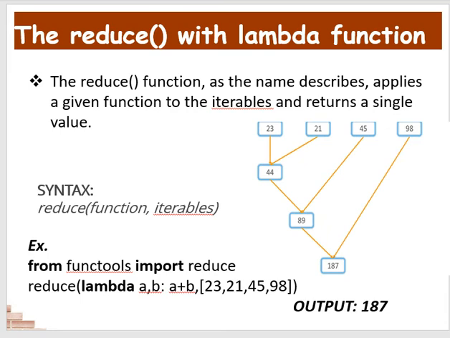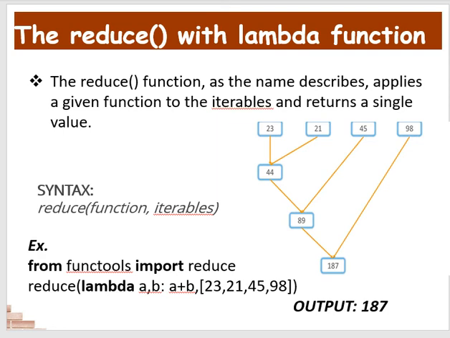It pairs two entities and performs a functionality. In this example, you can see the lambda function takes two parameters a and b and returns the sum of a and b. And in the iterable part, you are providing a list as 23, 21, 45 and 98.